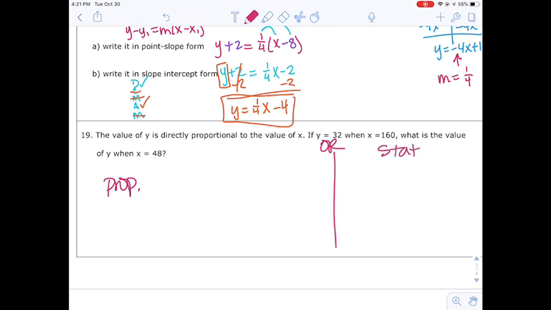So the first way, if I set up a proportion, it doesn't really matter which one's on top. I just need to make sure I label. So the first piece of information I'm given is y is 32 when x is 160. And we want to know when x is 48, what is the value of y?